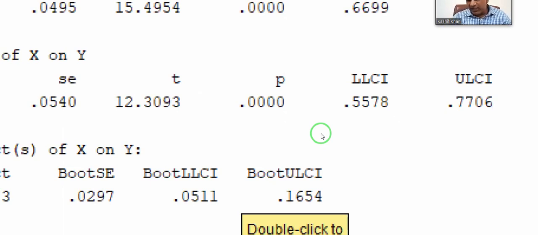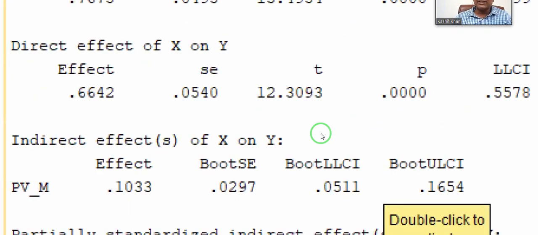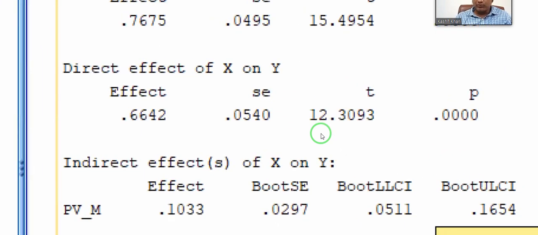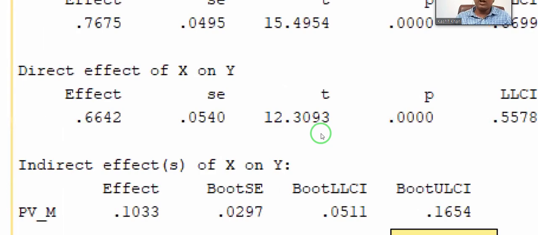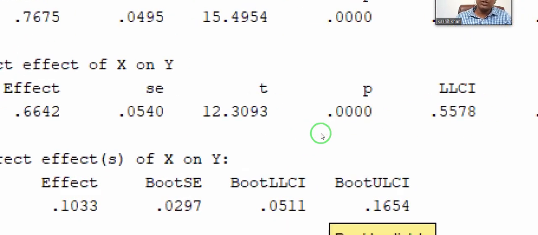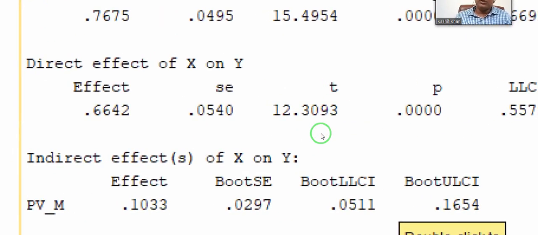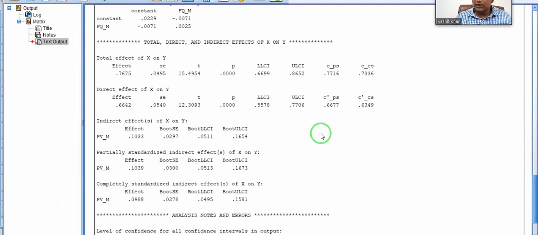But if one value is minus and the other value is plus, then in between there's a zero, and then we'll say our hypothesis is rejected. So in this case, we believe that there is mediation going on. Perceived value is mediating the relationship between food quality and customer satisfaction. If that's true, let's move on to the next one.